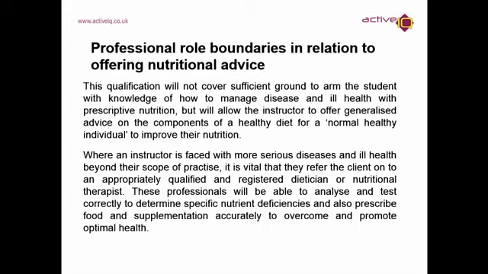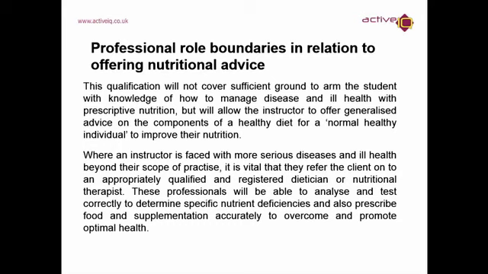And here we go. So the last thing I want to cover off is looking at the type of advice that we can give. And it might be a little bit boring, but it's important that I get this one right. So I'm going to read it from the slide, and then I'll expand on it a little bit more if I feel that I need to. So, professional role boundaries in relation to offering nutritional advice.